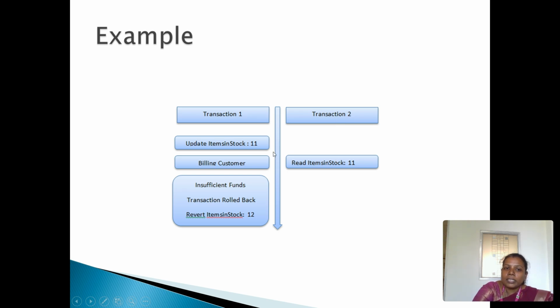Then in transaction 1, one product is being billed to the customer, and because of insufficient funds, the transaction is rolled back. So the stock item is reverted to 12, but transaction 2 read the data as 11. That makes some inconsistencies. That is the dirty read problem.